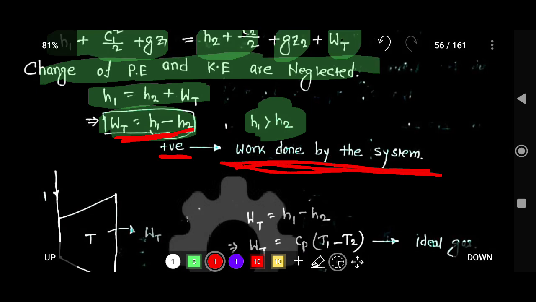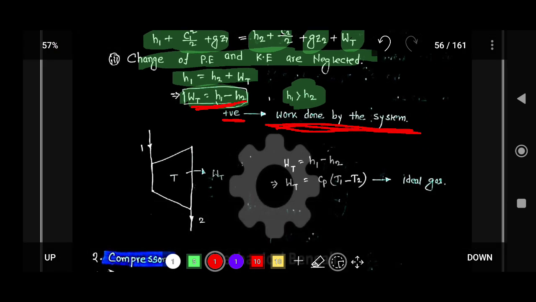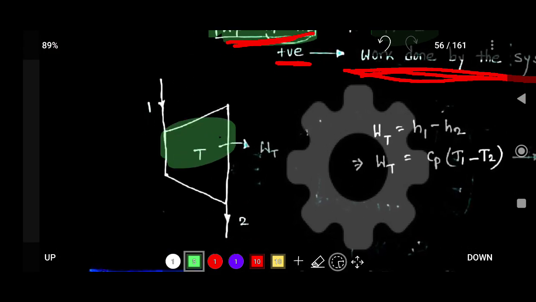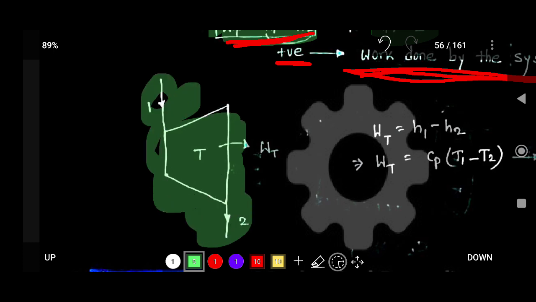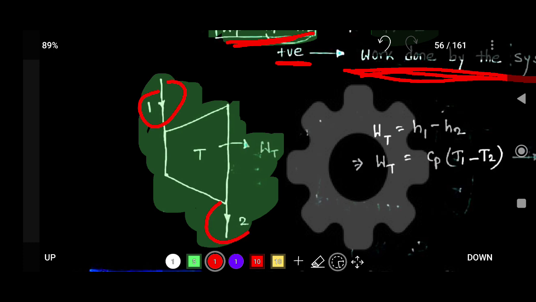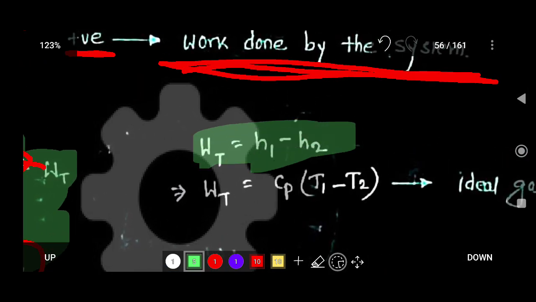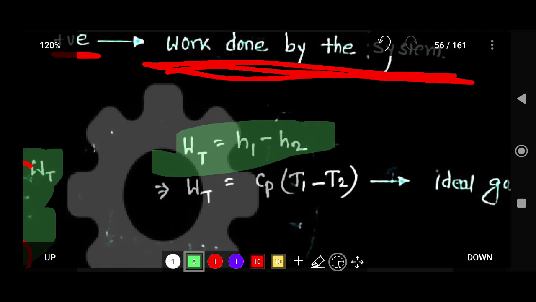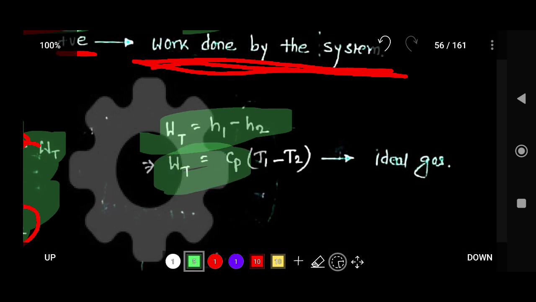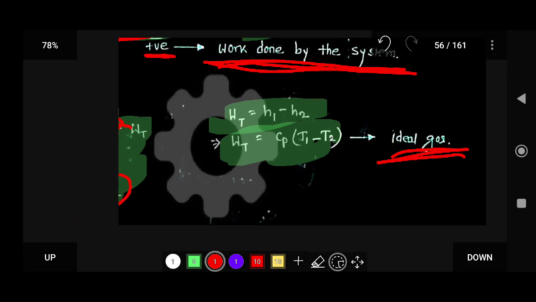This is the symbol of the turbine, with the inlet, the exit, and the work done by the turbine. So the formula of turbine work is h1 minus h2, or if it is an ideal gas, you can apply w turbine equals cp into t1 minus t2. This is only applicable if it is an ideal gas.